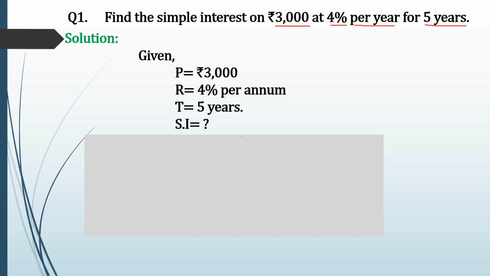Now we all know the relation between simple interest, principal, rate, time is given by SI is equal to P into R into T divided by 100. We have all the values of these three variables. So we'll just substitute their values in the next step. So SI is equal to P is 3000, rate is 4 and time is 5, divided by 100. Now how do we solve this? It is very easy over here.